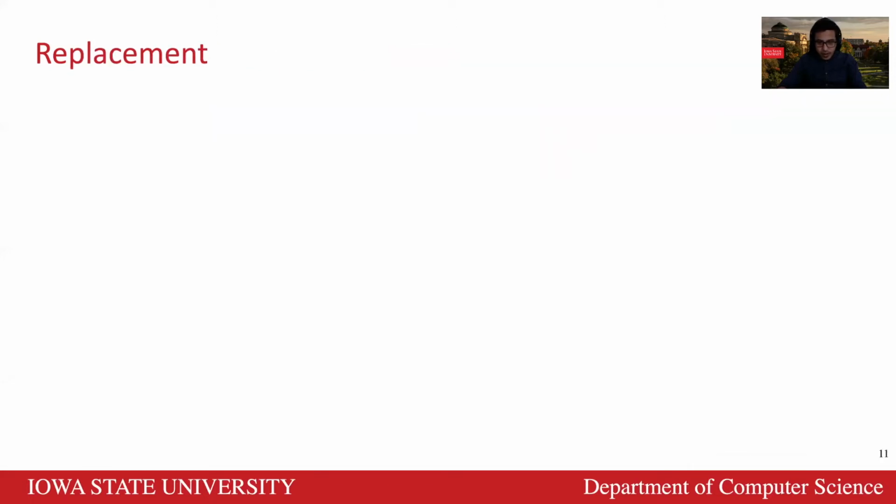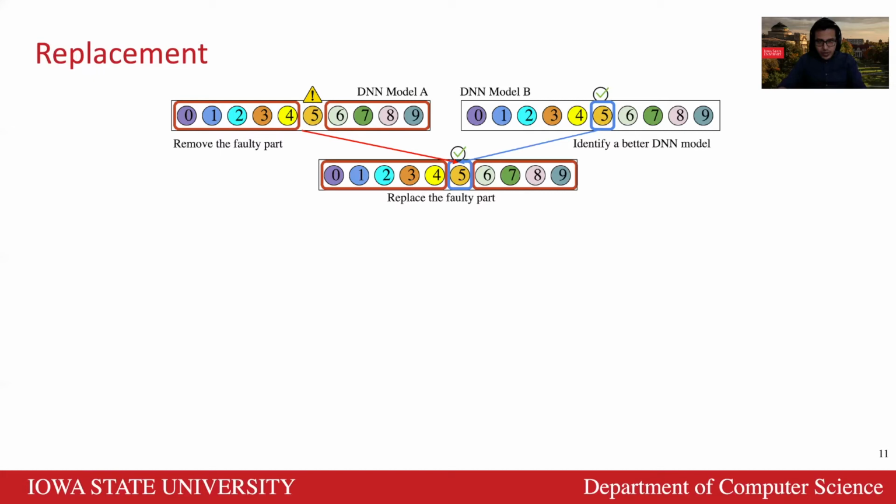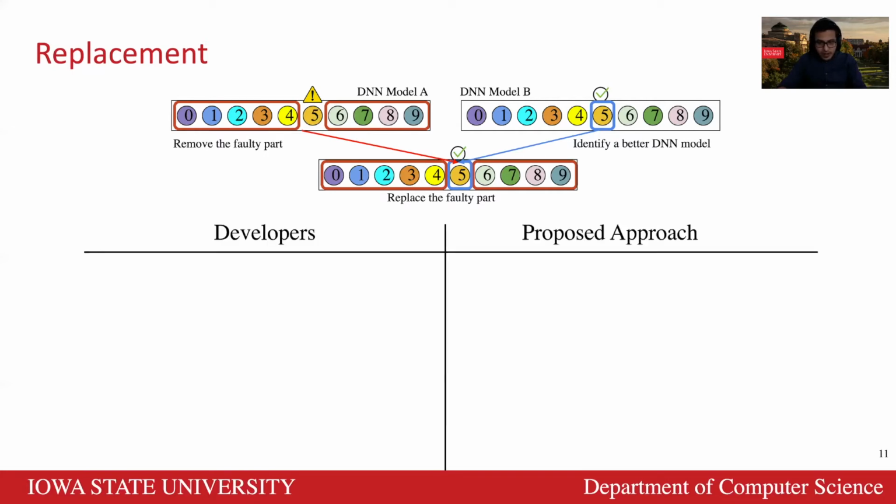Now, here we will discuss a scenario that needs replacing part of the DNN model. Let's assume we have a DNN model that is doing a satisfactory job classifying 0 to 4 and 6 to 9, but we'd like to improve its performance for 5. Could we take the logic for classifying 5 from another DNN model and replace the faulty 5 with the new part? Realizing the replacement scenario is more complicated.